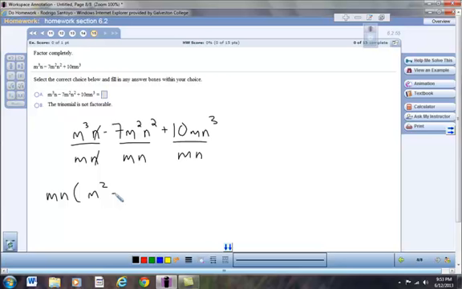Here we're going to have a minus 7. And then this is going to reduce to 2 minus 1 is just the m. Again, we look at the n's. 2 minus 1 is just n. And the last term we see m's cancel and we're left with the positive 10. This 3 minus 1 is just n squared.